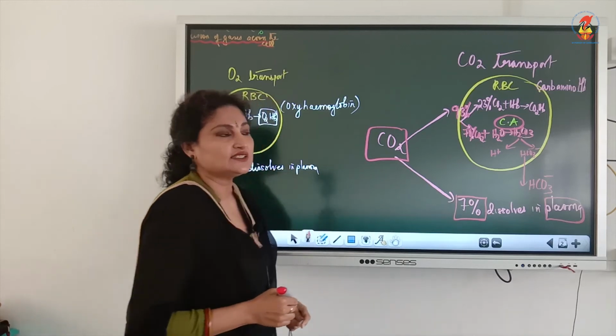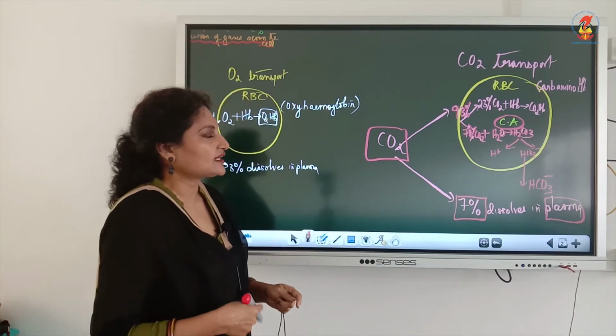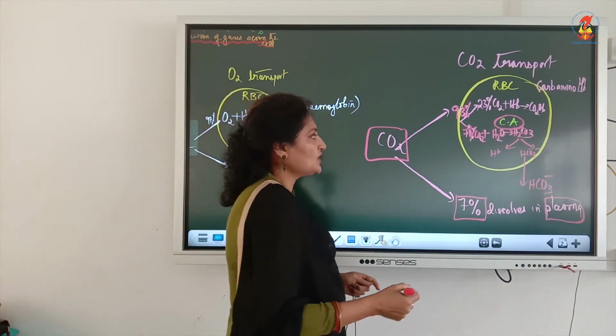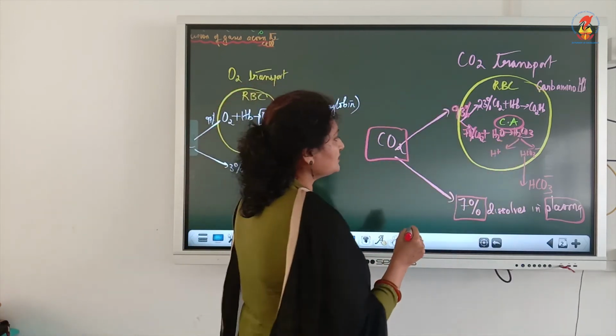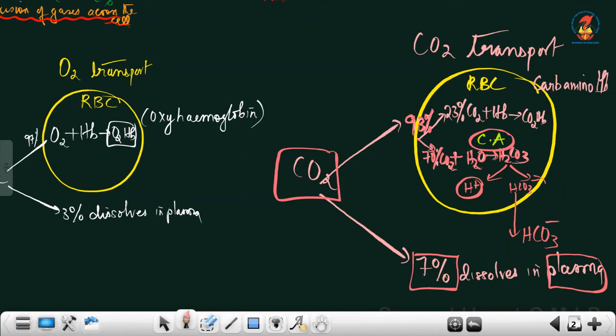What's the specialty? It's the fastest enzyme. It catalyzes the reaction at a very high speed, and this carbonic acid immediately dissociates into H plus ions and bicarbonate ions. And these bicarbonate ions diffuse out from the RBC into the plasma.